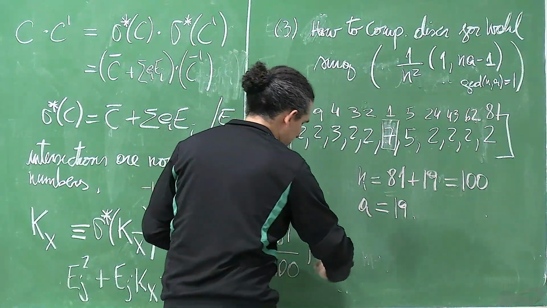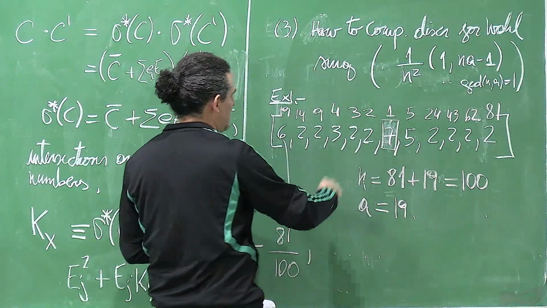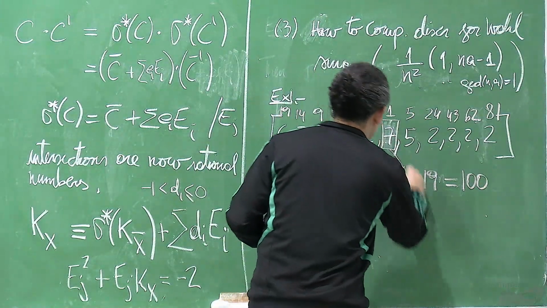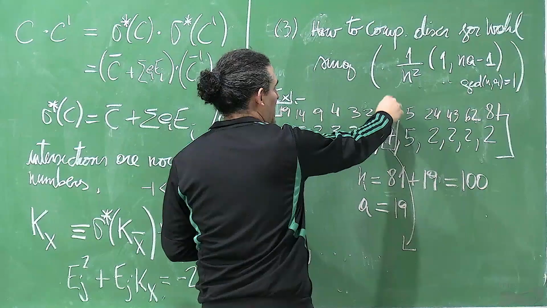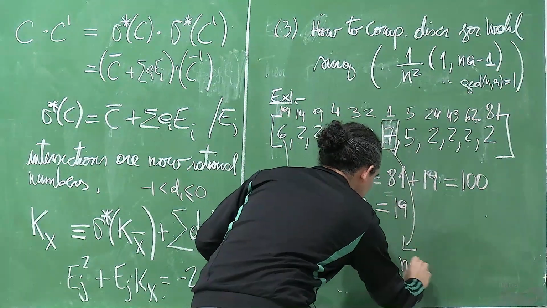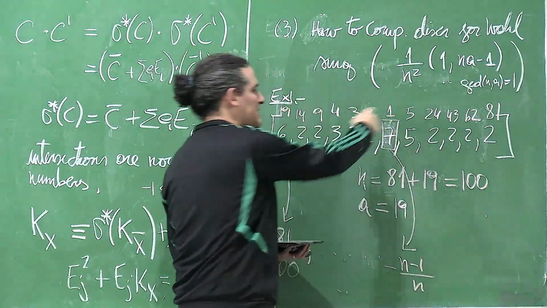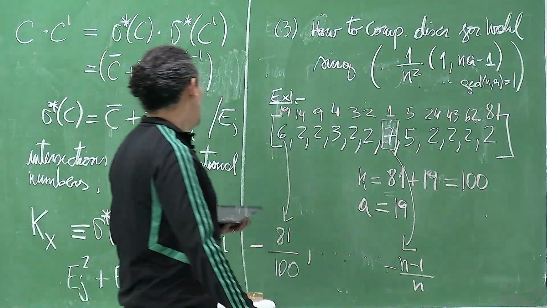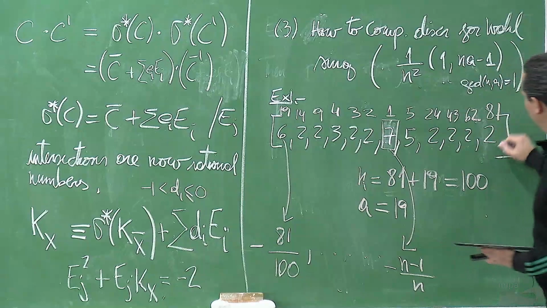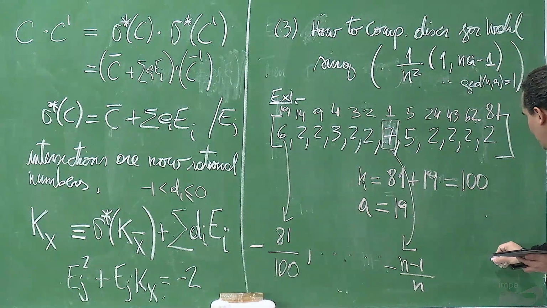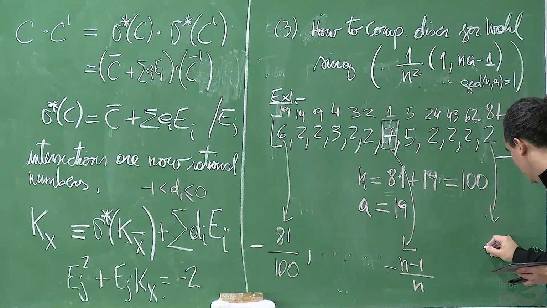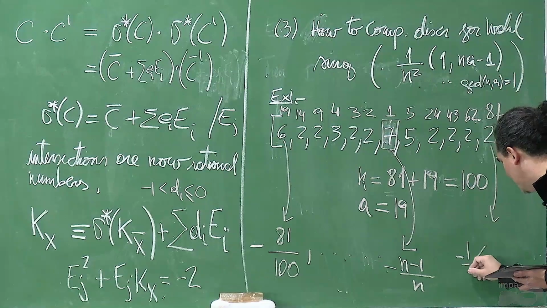So always the denominator is going to be n, and the numerator is n minus this red number, and then with a minus. For example, in this case, you always have a 1. So here it is always minus (n minus 1) over n. And this is the most negative discrepancy in a Wahl chain. Another thing is that when you have a 2, the discrepancy is always minus 1 over 2.